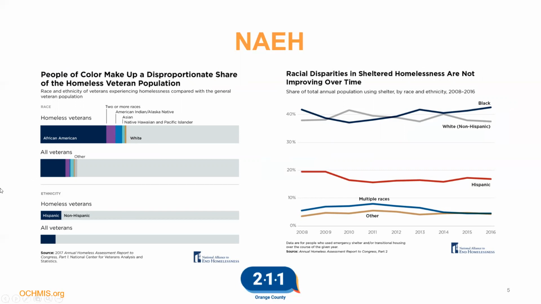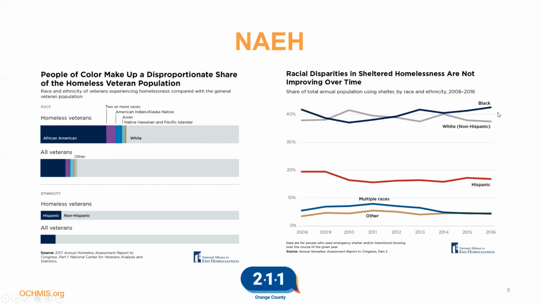So the top chart is showing by race the distribution of homeless veterans. And then the bottom chart is looking at all veterans and by race. So African-American veterans are a larger proportion of the homeless veteran population than all veteran population. And on the bottom, they did the same thing with ethnicity.